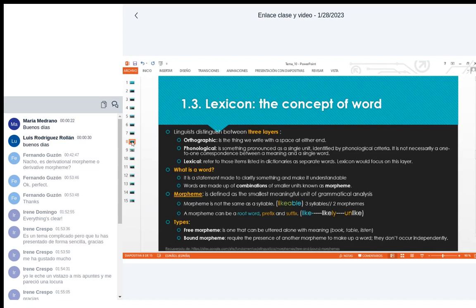These bound morphemes can be classified into the grammatical morphemes, which refer more to the endings of -ed or -s, which refers more to whether they are singular or plural, or present tense or past tense. And then we have the bound morphemes as such, which also allow us to refer to the creation of new words.